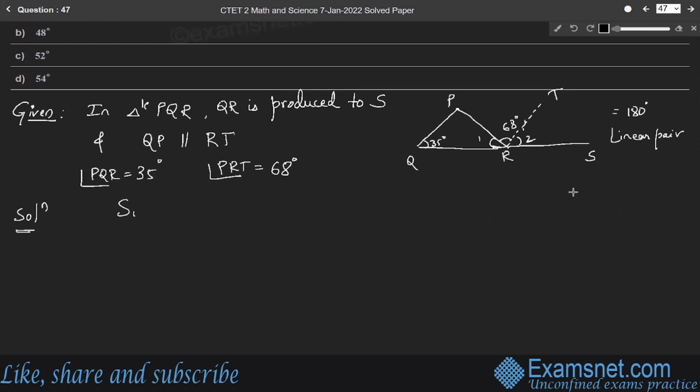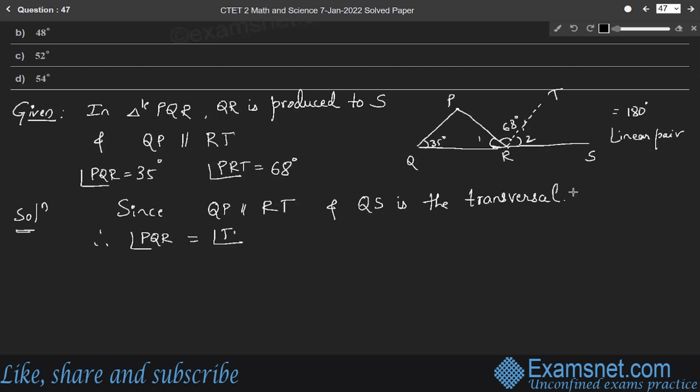Since QP is parallel to RT and QS is the transversal, therefore angle PQR is equal to angle TRS is equal to 35 degrees because they are corresponding angles.